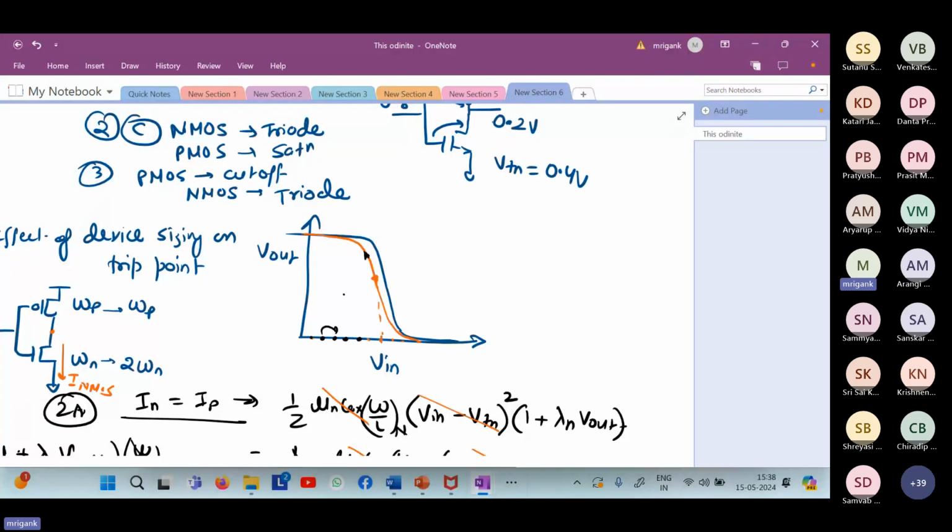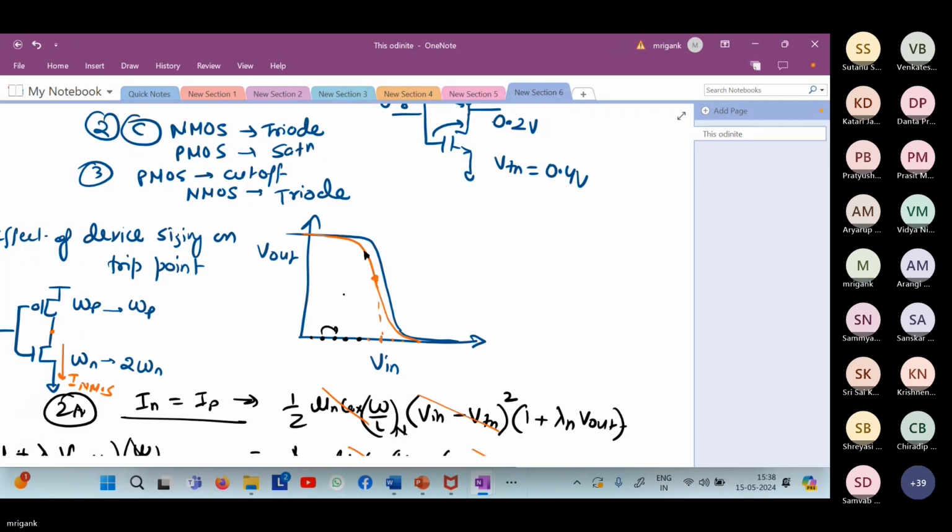As a result, at a lower value of V in, it will start pulling the characteristics down. And that is what is coming in the equation also, that as you go on increasing the NMOS size, the transfer characteristics shift towards the left.